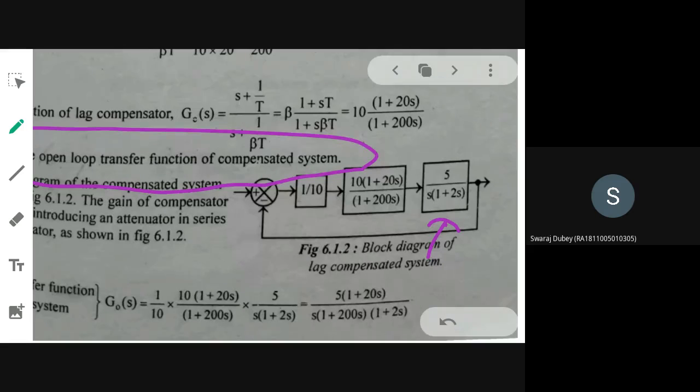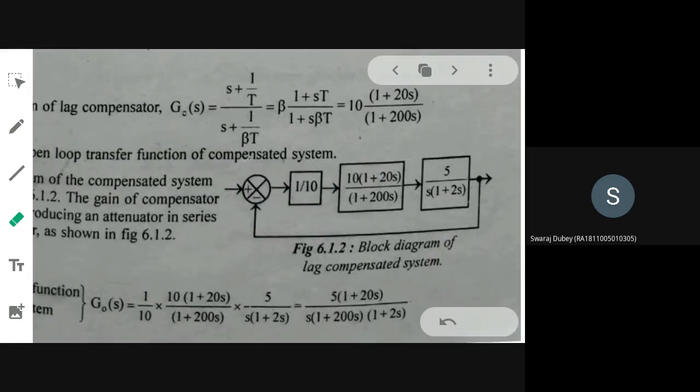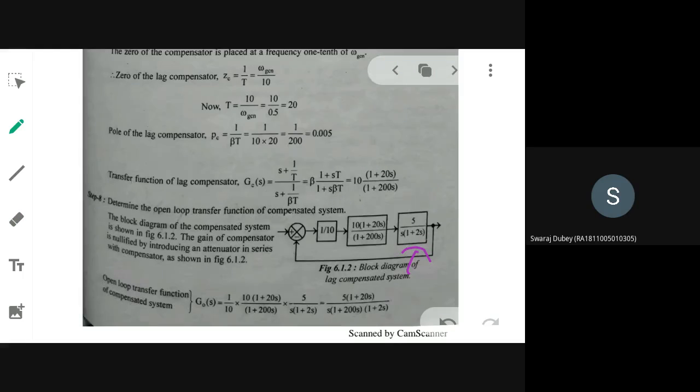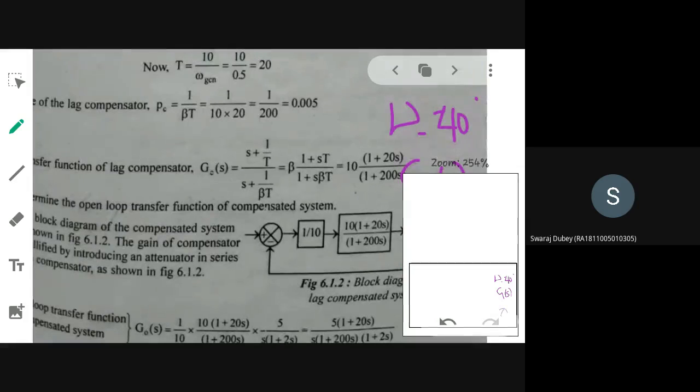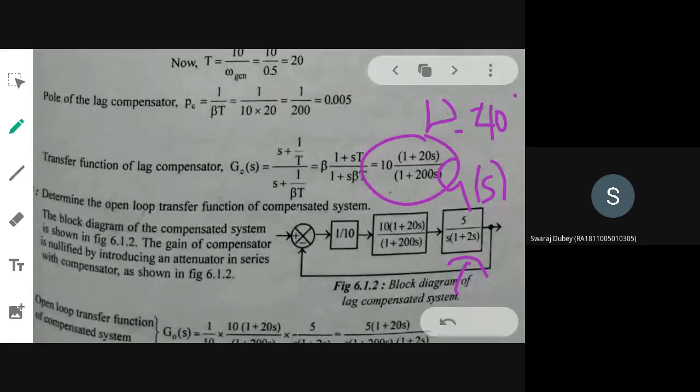So this is your G of s original system, to which you are adding a compensator in series. So is this a series compensator or a feedback compensator? Series compensator. So this was your original system given in the problem, for which you are trying to get the desired 40 degree phase margin, and the designed compensator is added here.